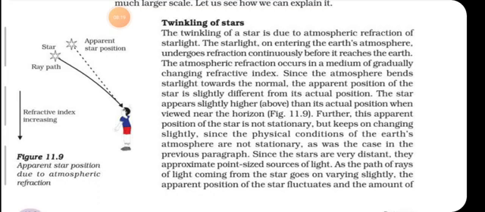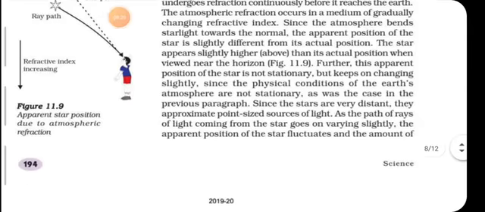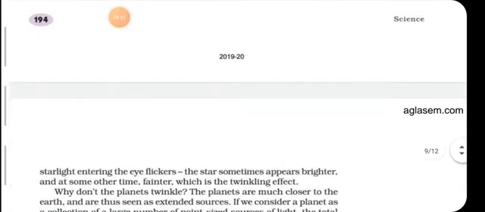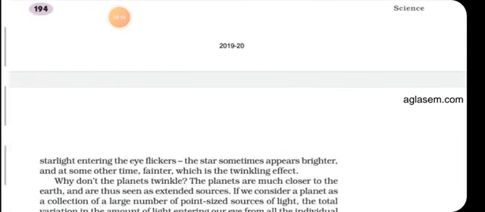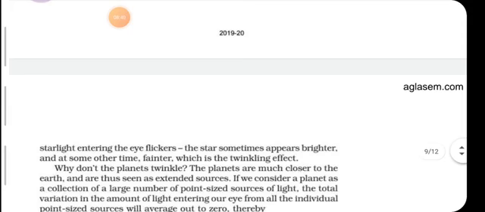As the path of the rays of light coming from the star goes on varying slightly, the apparent position of the star fluctuates, and the amount of starlight entering the eye flickers. The star sometimes appears brighter and at other times fainter, which is also known as twinkling of stars.